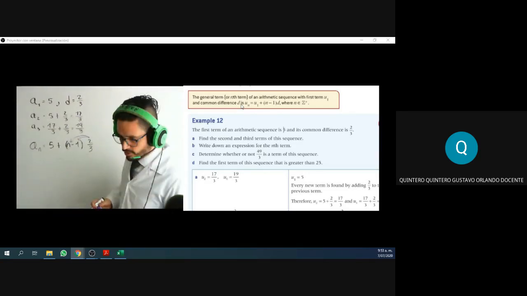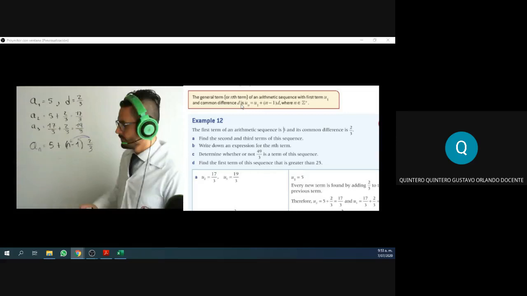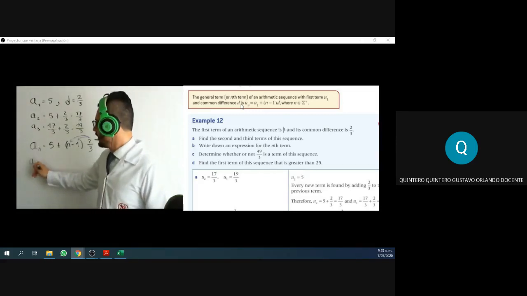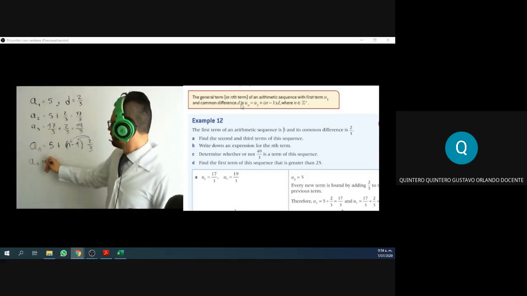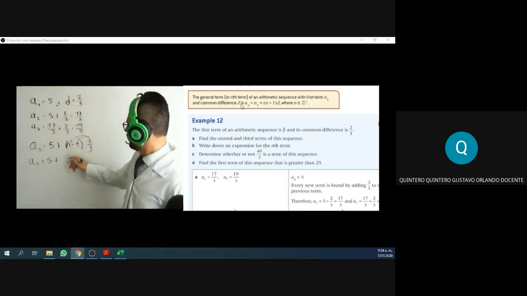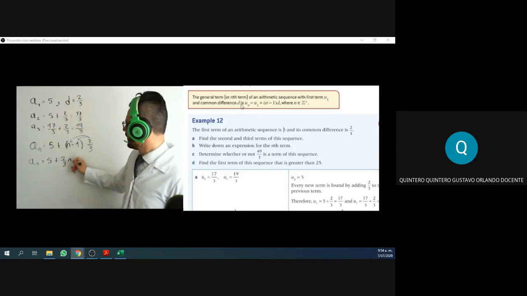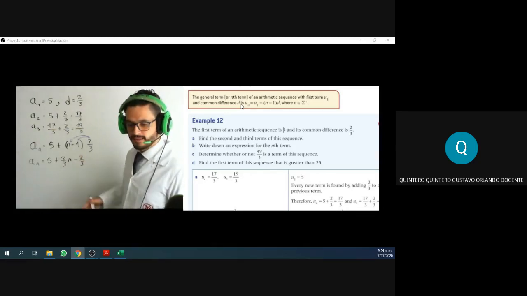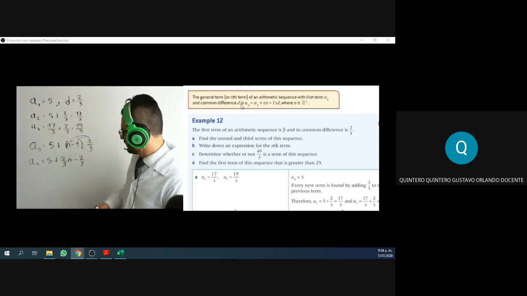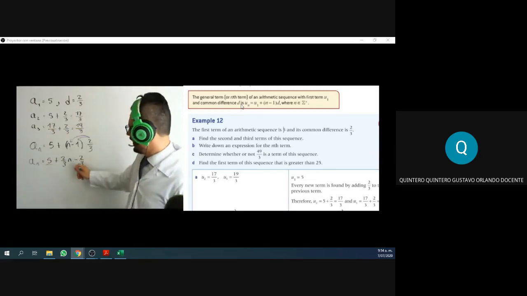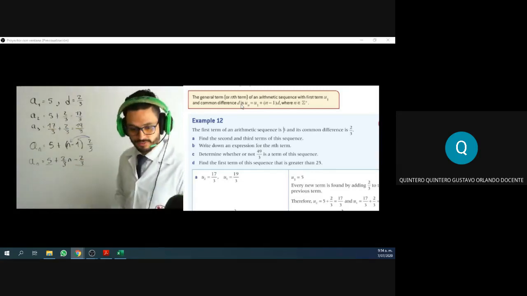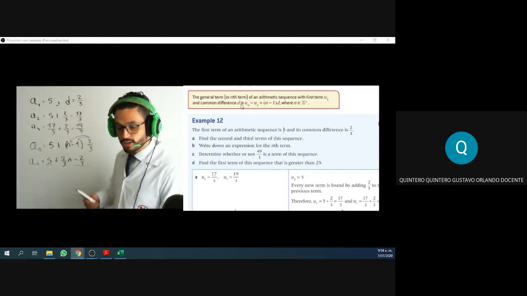You can do the distributive property there. So again, A sub n equals 5 plus 2/3 of n minus 2/3. Distributive property, guys. From here, these two numbers, 5 and negative 2/3, are like terms. So you can do that operation.